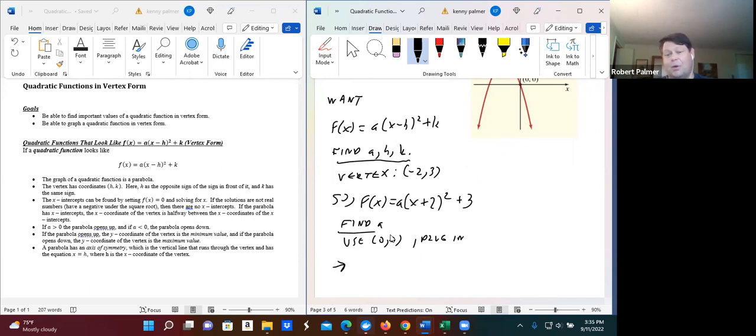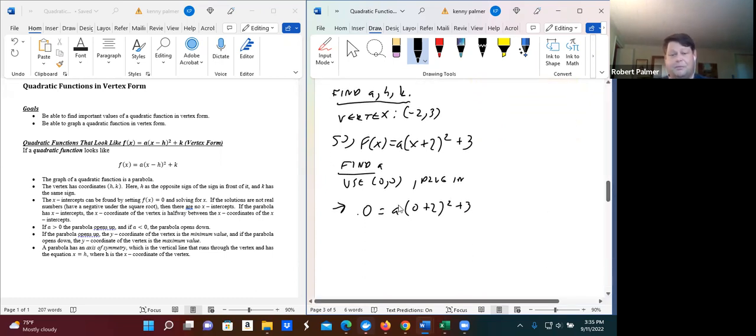And as we'll see, all we have left to find is a. So y is the same as f(x). So we have 0 is equal to a times (0 + 2) squared plus 3.